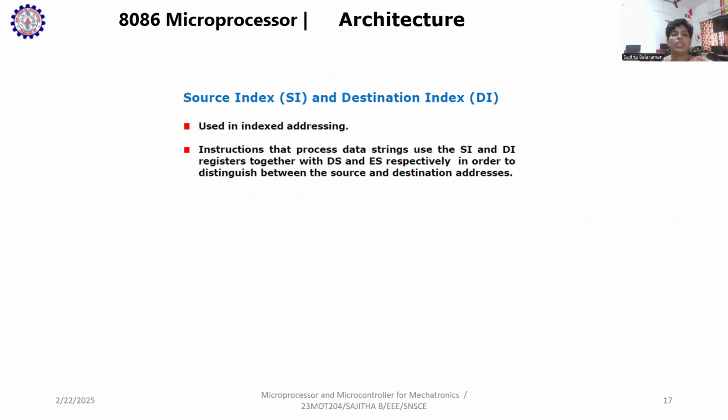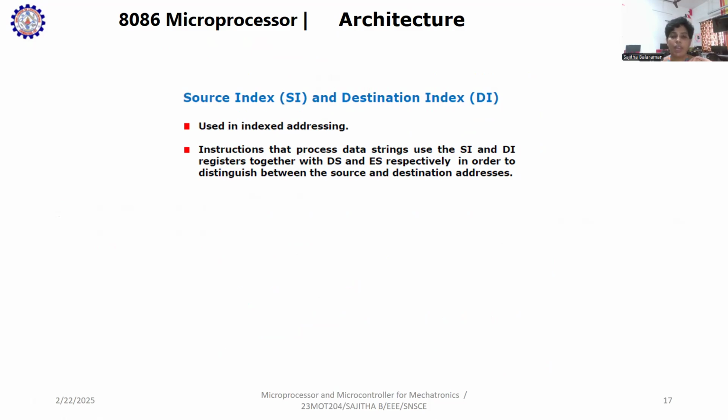They are used in index addressing. The instructions that process data strings use the SI and DI registers together with DS and ES respectively, in order to distinguish between the source and the destination address. Apart from this, there are flags.